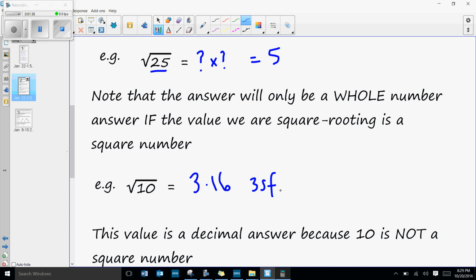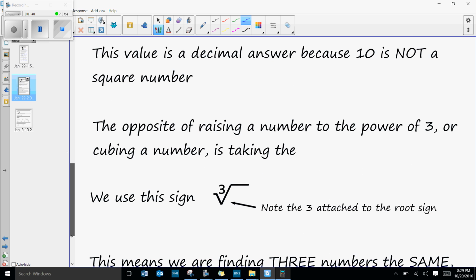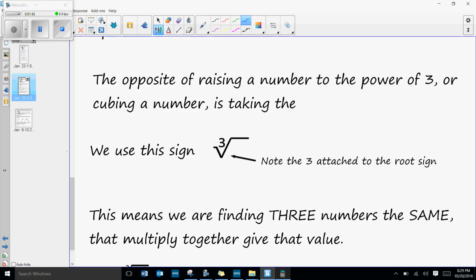Okay, the opposite of raising something to the power of 3 is taking the cube root. Note, we use the same symbol here, but this time there is a small 3 to show that we are taking the cube root in this situation.